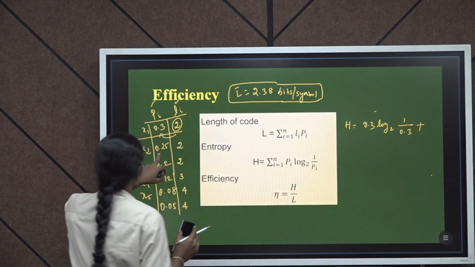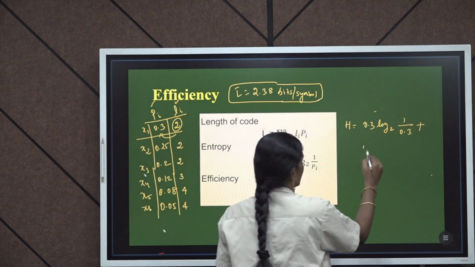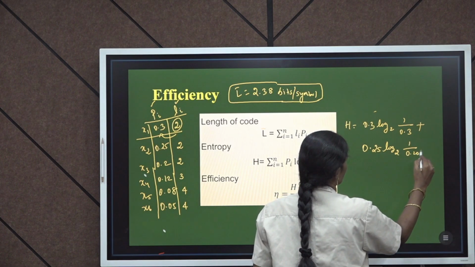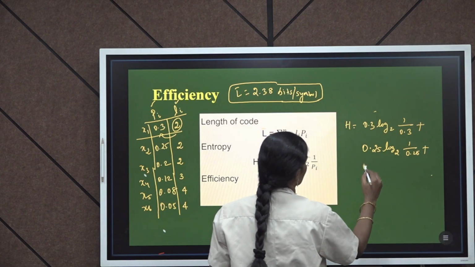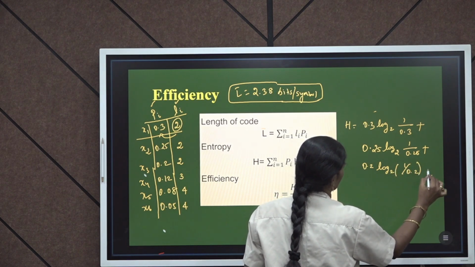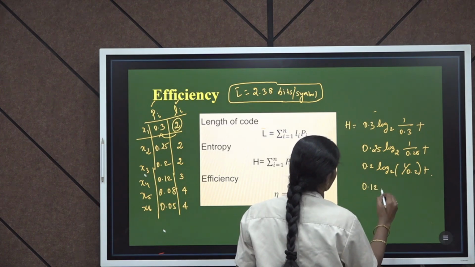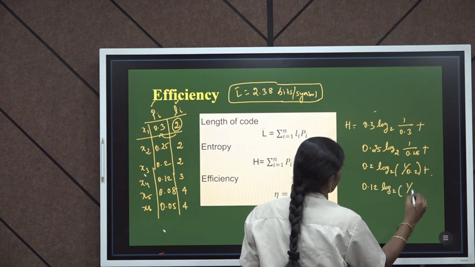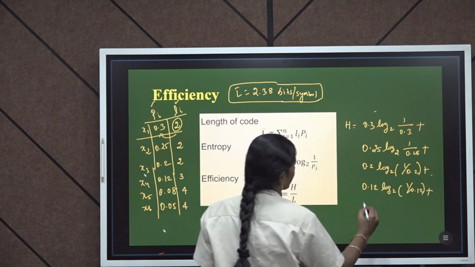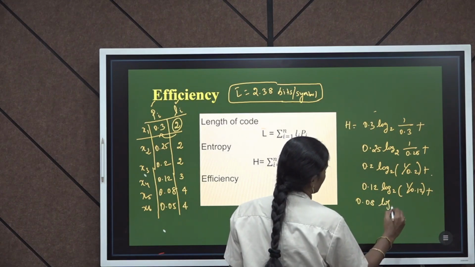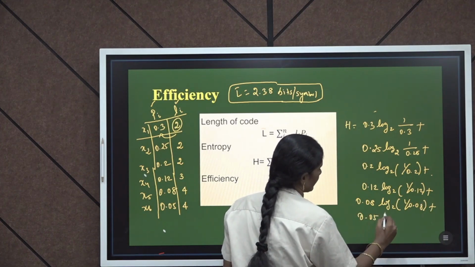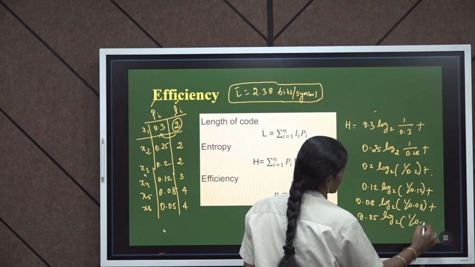That's it. The second probability is 0.25. Therefore 0.25 log 2 of 1 by 0.25, again 0.2 log 2 of 1 by 0.2, plus 0.12 log 2 of 1 by 0.12, again 0.08 log 2 of 1 by 0.08 plus 0.05 log 2 of 1 by 0.05.